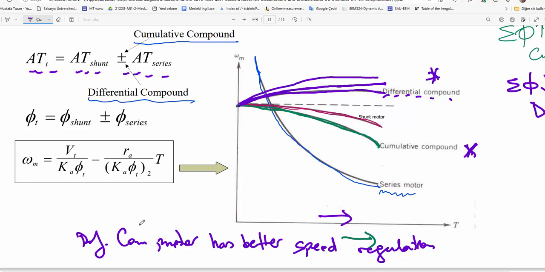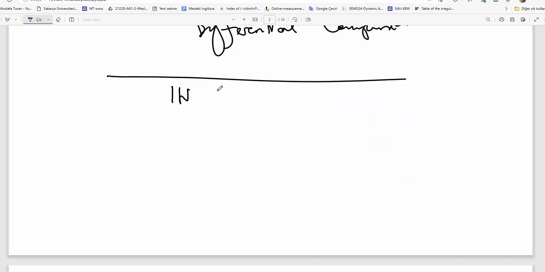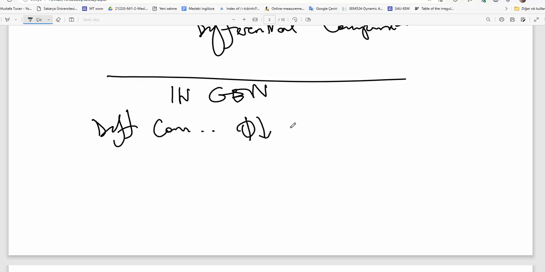We prefer the differential compound in generator applications. If there is a differential compound, total flux will decrease with respect to load current. So the generator short circuit current will be decreased.